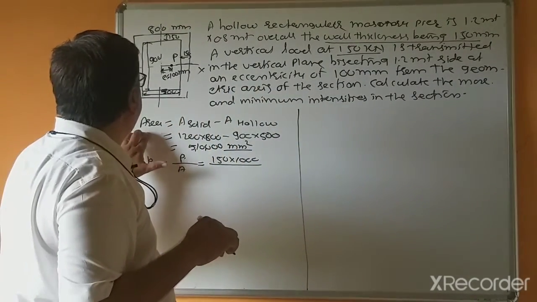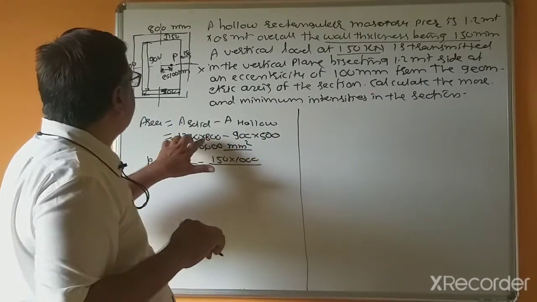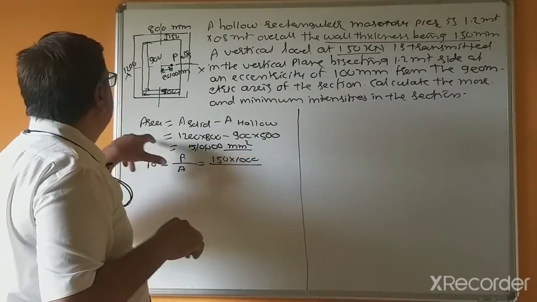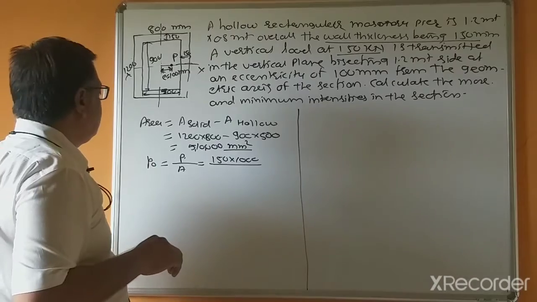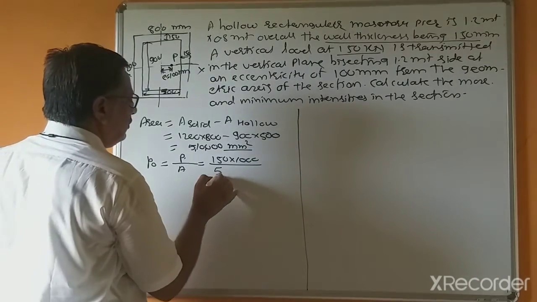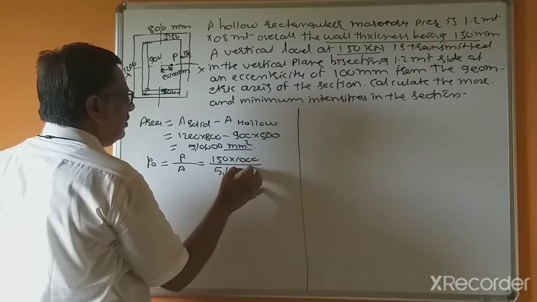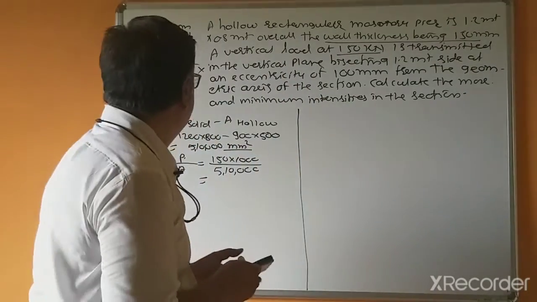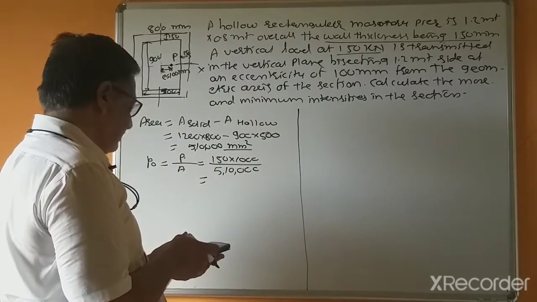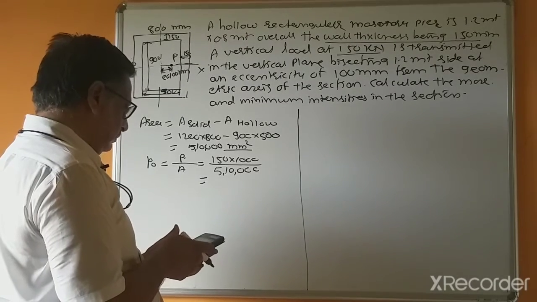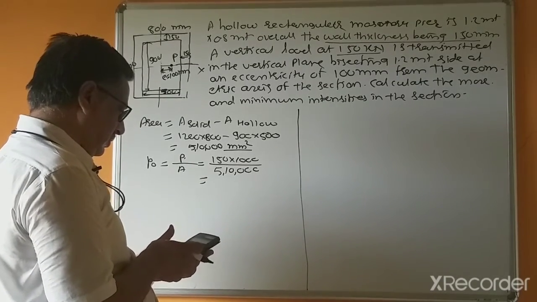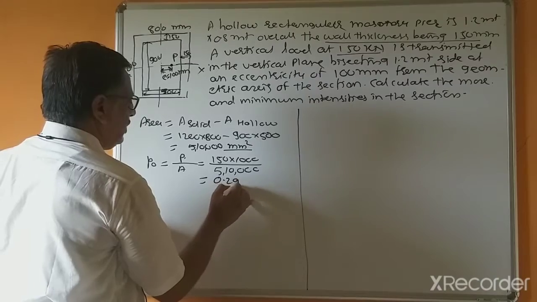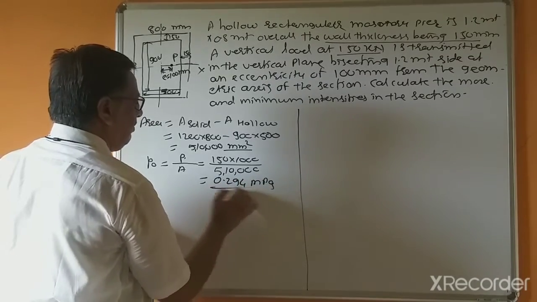So first I calculate area equal to solid area minus hollow area. Consider the total solid area minus this hollow area. So you will get 501,000. Now direct stress equals P divided by area, which is equal to 0.294 mega Pascal.